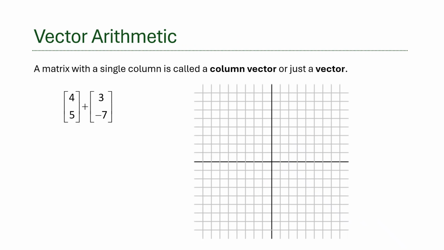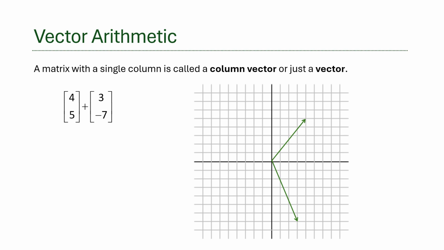Okay, so suppose we have two vectors and we want to add them together. To see how this works, let's start by visualizing the two vectors. I'm going to put them both in the standard position where the starting points are at the origin. To see the reasoning behind our addition rule, think of the vectors as paths that you're walking along. So for this sum, you would start by walking to the end of the 4, 5 vector.